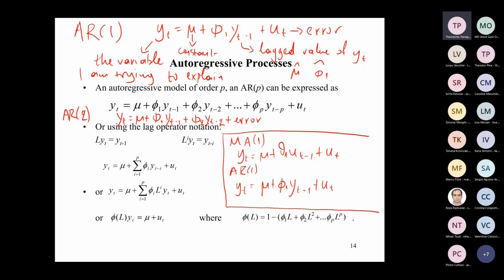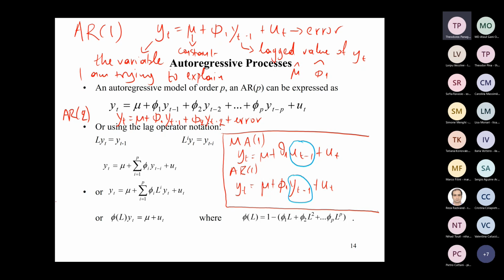The fundamental difference is that in the case of a moving average, we are concentrating on lagged values of a random variable, whereas in autoregressive models, we are concentrated on lagged values of the variable itself. So this is the main difference between the two models.